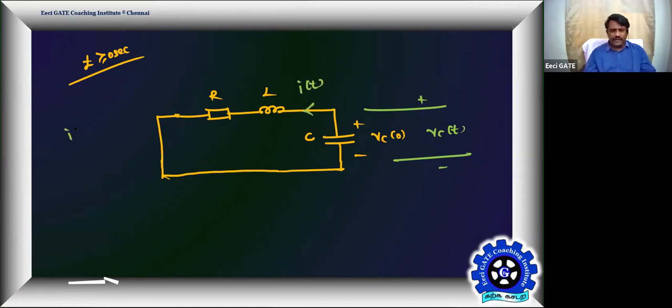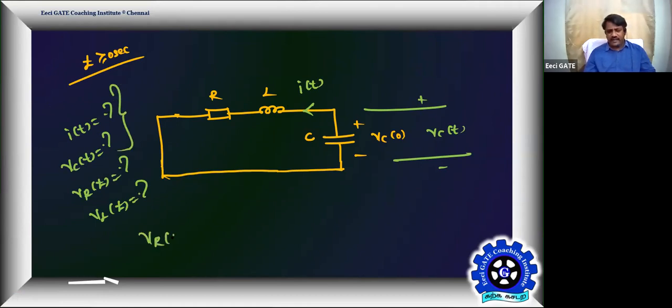The goal is to find the current response, the discharging current I of t, and the discharging voltage Vc of t. You can also find any other response if necessary. You can find Vr of t. You can also find VL of t in the circuit. Okay. So anyway, this is fundamental. Vr of t is equal to R into I of t. Once I is known, we can find this.